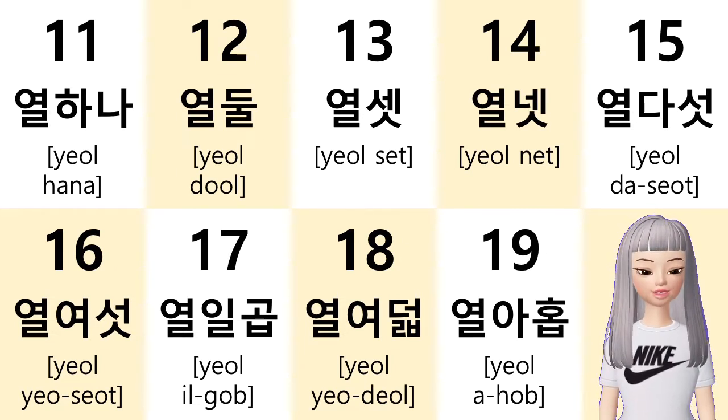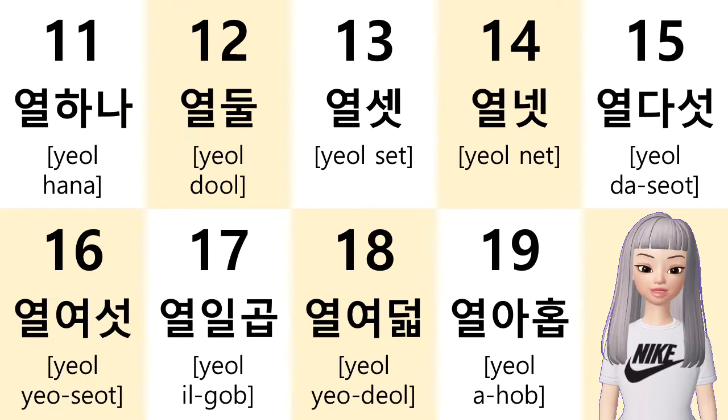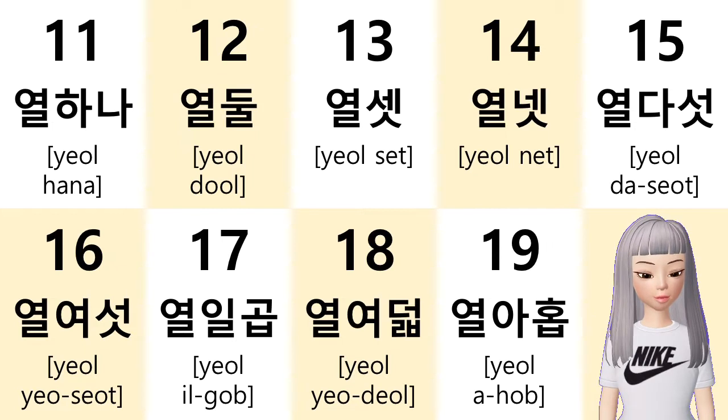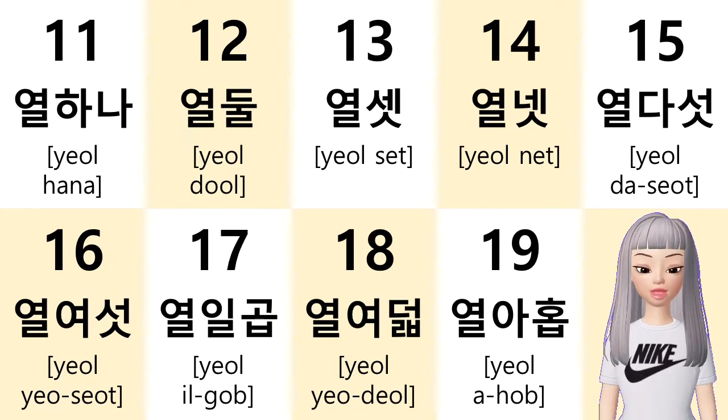Again, 열 is 10 and 둘 is 2. So adding these two makes 열둘, making it 12. 13 is 열셋, 10 and 3. Same for 14, which is 열넷.